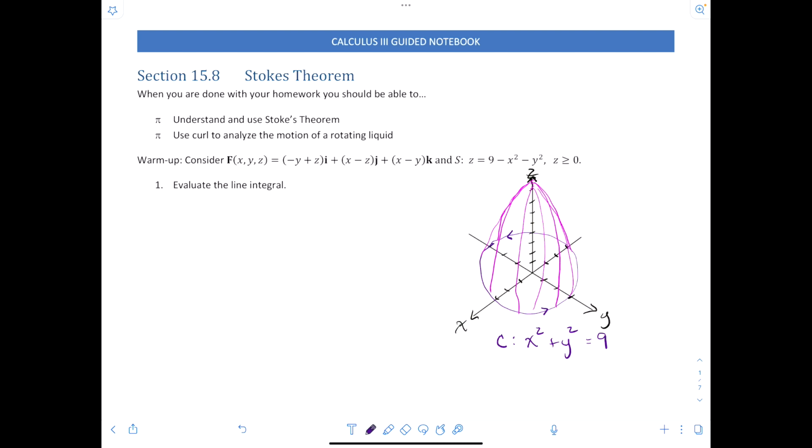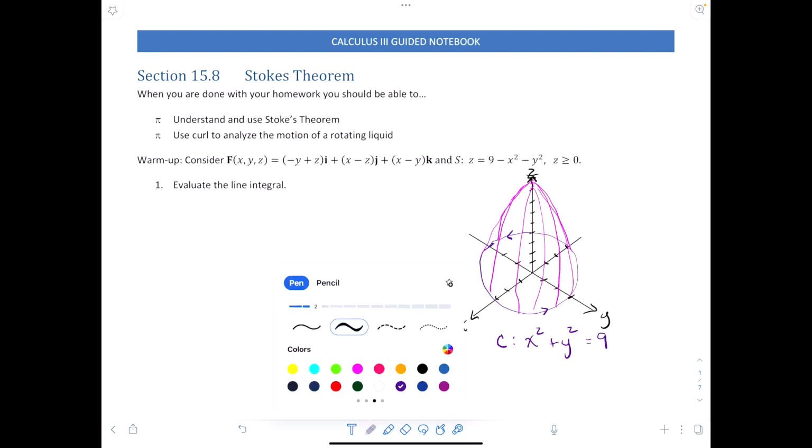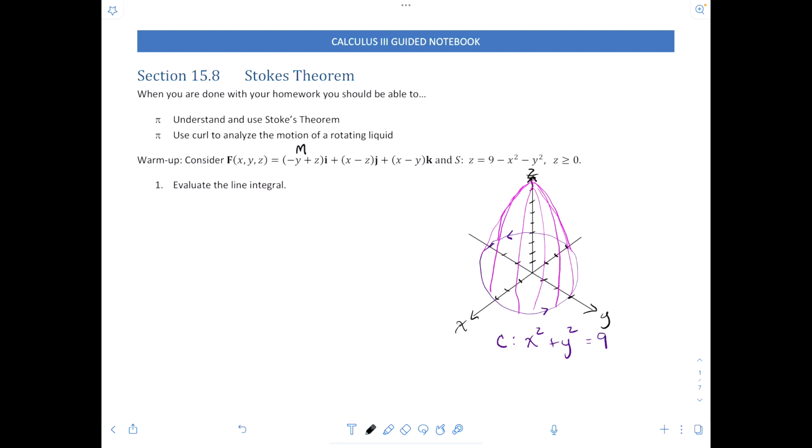I'll label our vector field components M, N, P. Considering z equal to 0, that gives us not the surface portion, but just the line integral portion, the part that I wrote in purple.